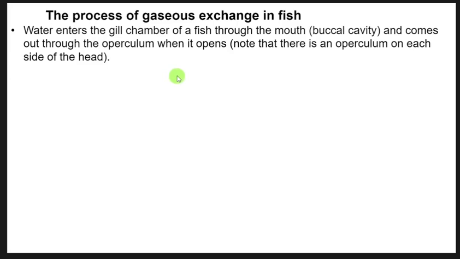So what is being explained is that water enters the gill chamber of a fish through the mouth, and then comes out through the operculum when the operculum opens. Then we are saying there is an operculum on each side of the head.